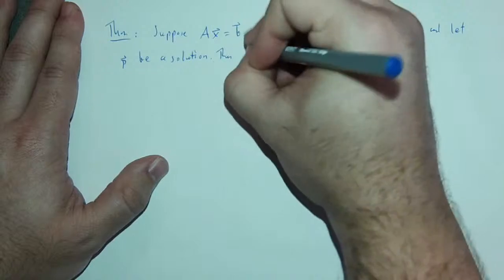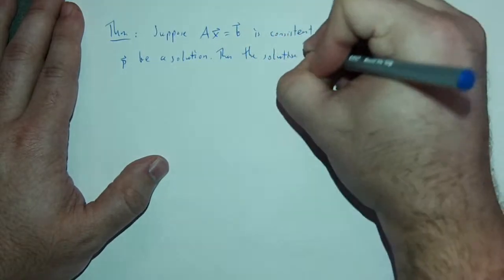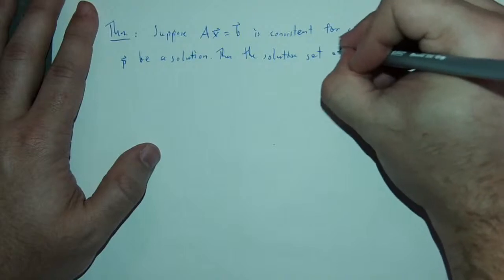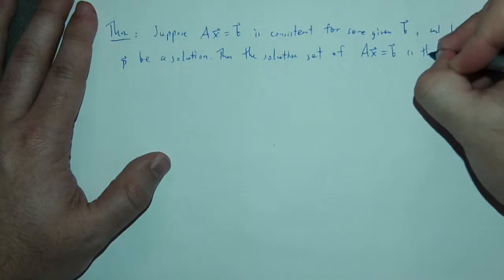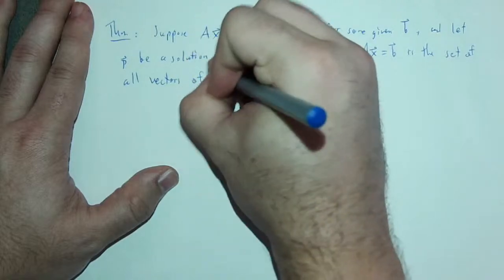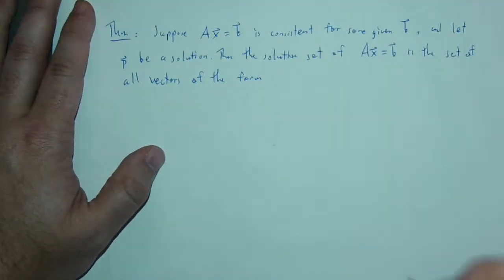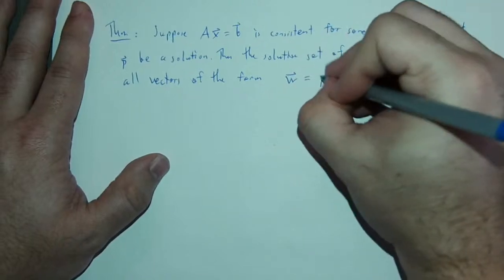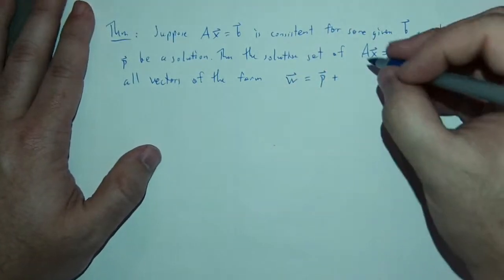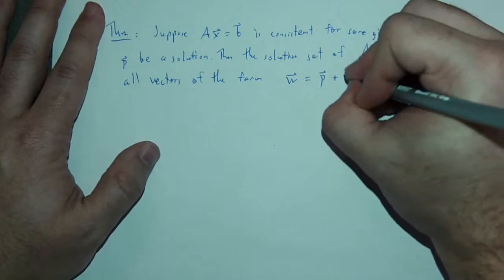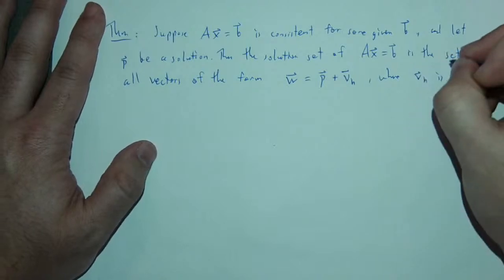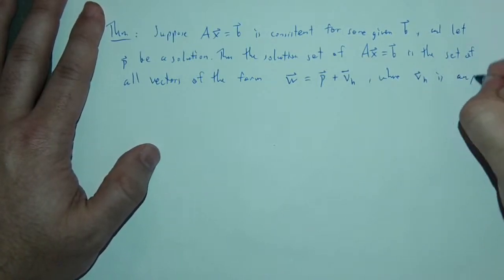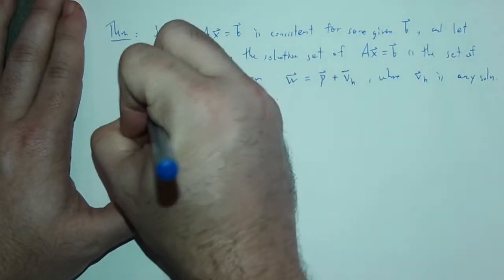Then the solution set of Ax equals b is the set of all vectors of the form w, which is p plus v sub h, where v sub h is any solution to the homogeneous equation Ax equals 0.